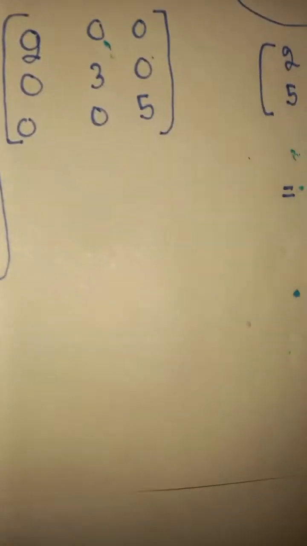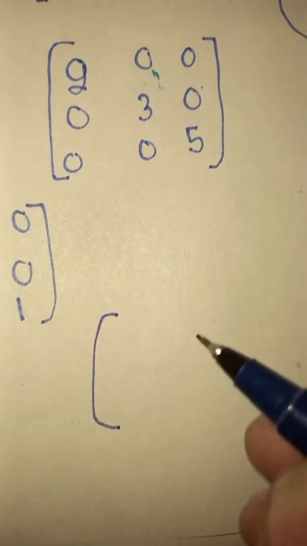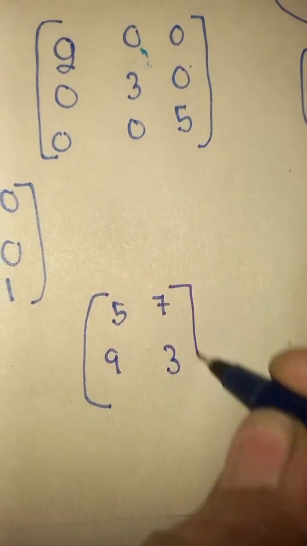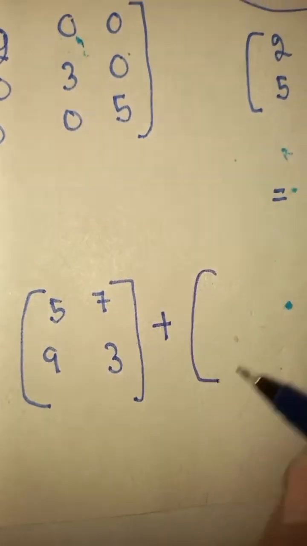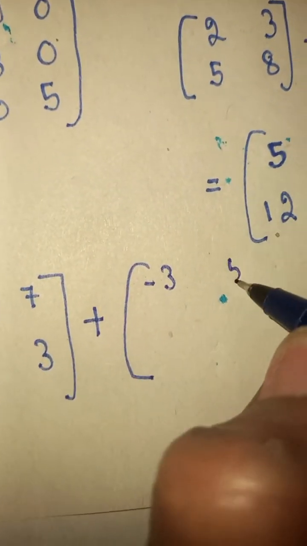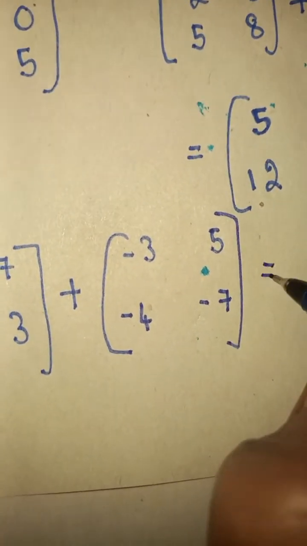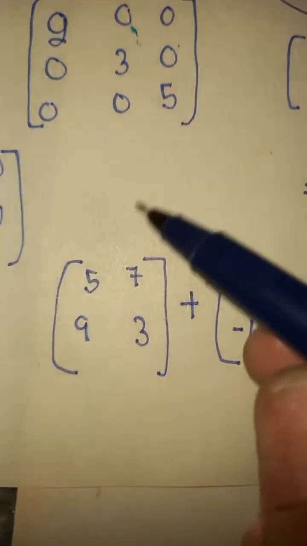This is one type. I tell next how to add another matrix, that is like this. You can add it out. That is 5, 7, 9, 3, plus minus 3, 5, minus 4, minus 7. When you add these two matrices, just take out the terms.